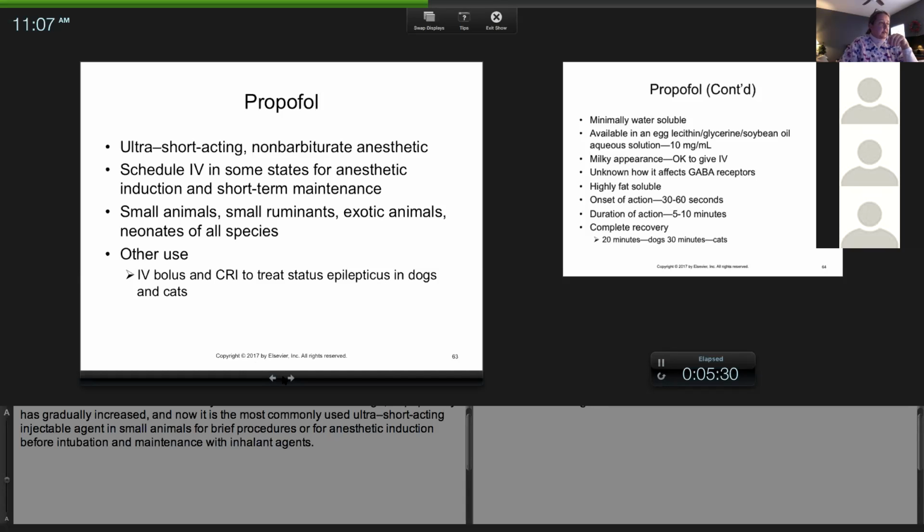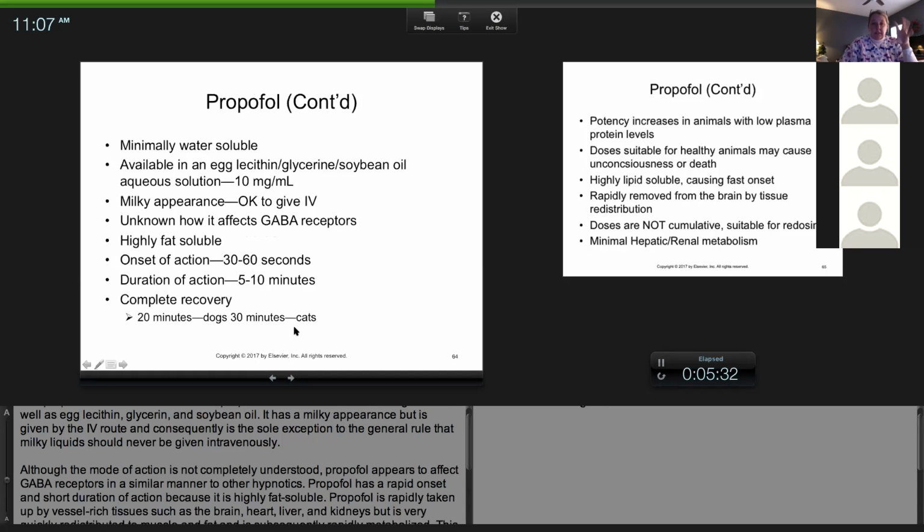There are definitely some keys: it is not very water soluble. It's an egg white base. It does have a milky appearance, but it is okay to use IV. It's not clear, it looks like milk. It's all white. It's fat soluble, and it kicks in about 30 to 60 seconds.